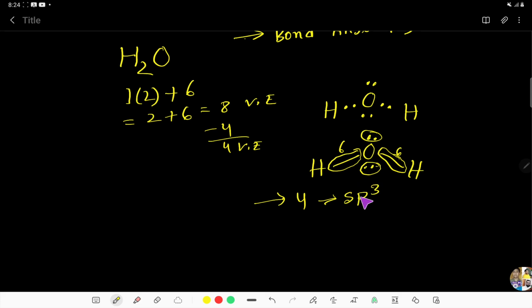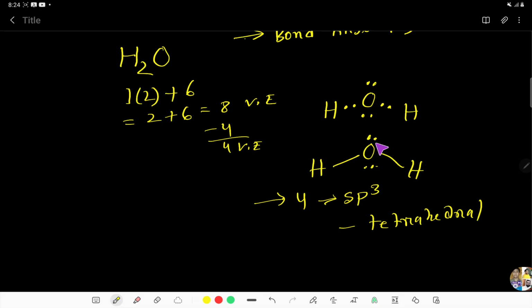Due to sp3 hybridization, the shape of this molecule should be tetrahedral, right? But look, here you have lone pairs over oxygen. So what will happen?